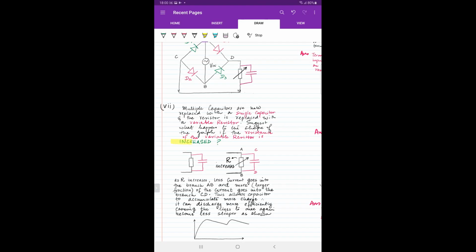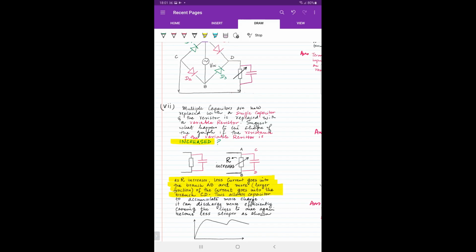If you remember from last class, we actually discussed this. I've written the wording back. Reha, you weren't there, I think this wording might give you an idea, but we did this part in the last class. As R increases, less current goes into the branch AB, and more, that is a larger fraction of the current, goes through the branch CD. So if you increase the resistance, lesser current goes into the branch labeled AB, and a larger fraction goes through the capacitor branch labeled CD.